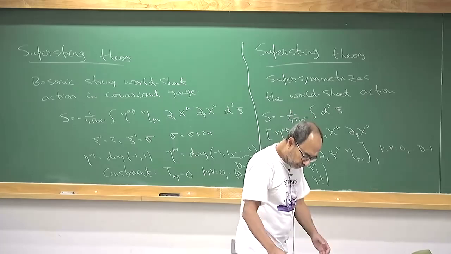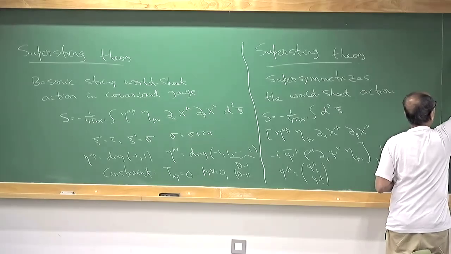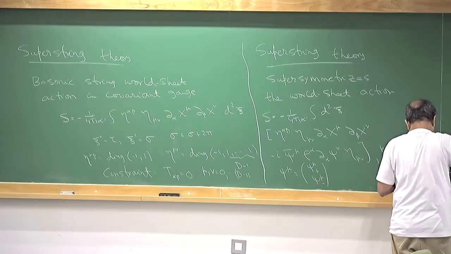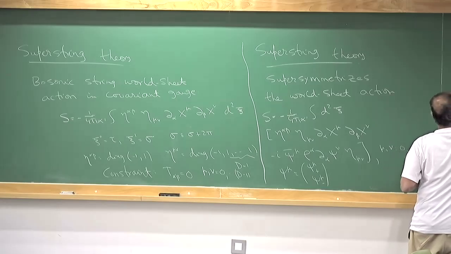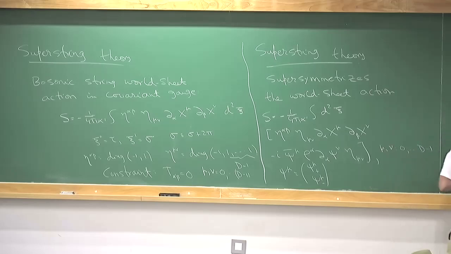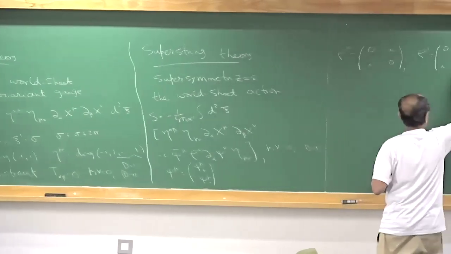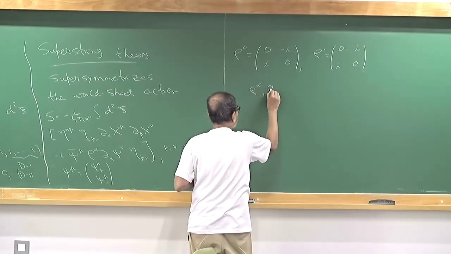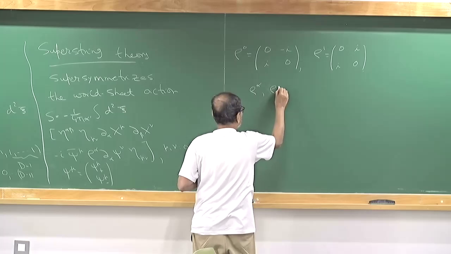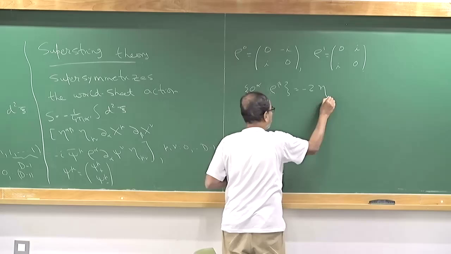And the rhos are the gamma matrices. So we'll choose rho 0 to be, these are 2 by 2 gamma matrices, 0 minus i, i 0, and rho 1 to be 0 i, i 0. Okay. So they satisfy the anti-commutator of rho alpha, rho beta as minus 2 eta alpha beta.